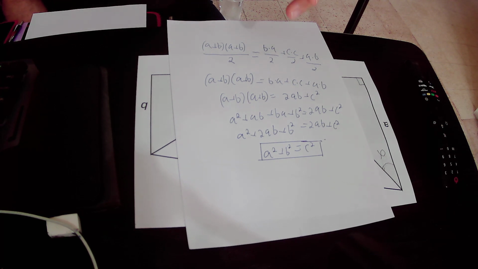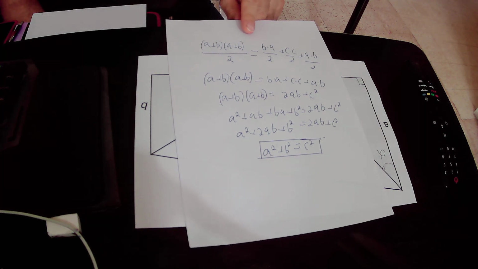The square of the hypotenuse is equal to the sum of squares of the perpendiculars. Okay, c squared equals a squared plus b squared.